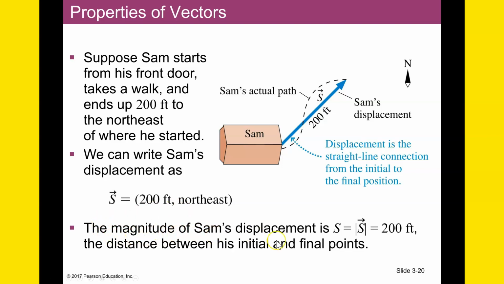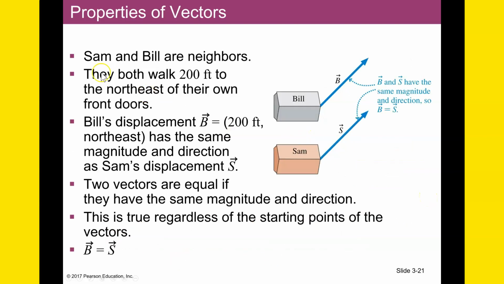The magnitude of Sam's displacement, in other words the size of his displacement, you can write as absolute value bars around that vector symbol, or just put the S without a vector symbol above it, and that means the magnitude of the vector S, which is 200 feet, the distance between his initial and final points.